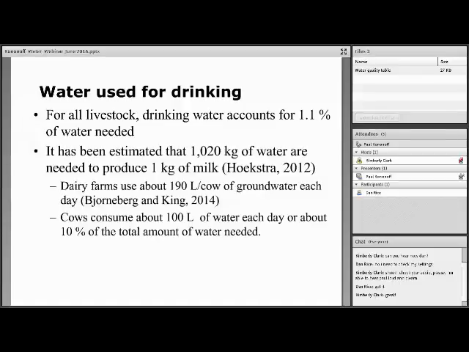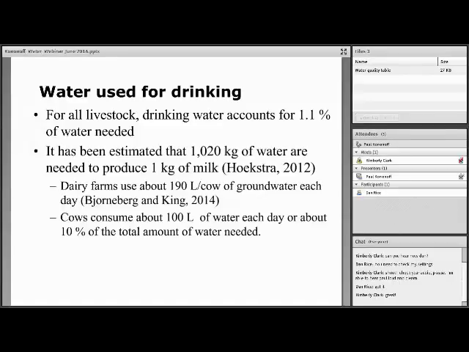And this is some research that's come out of the University of Idaho. So if you wanted to know just in general how much groundwater is actually used in dairy production, it's been estimated, and this was studied in a number of dairies in Idaho, that it was 190 liters per mature cow.